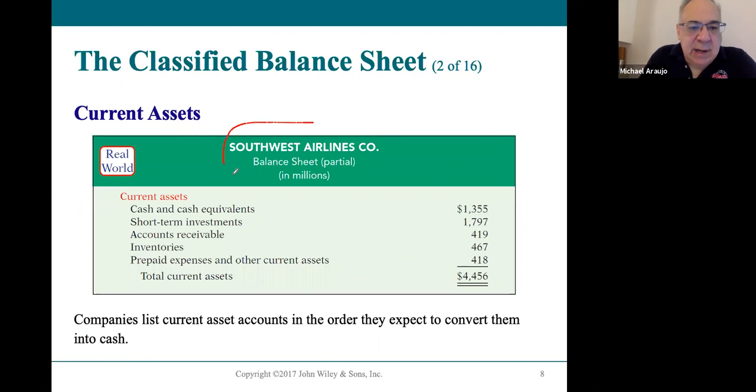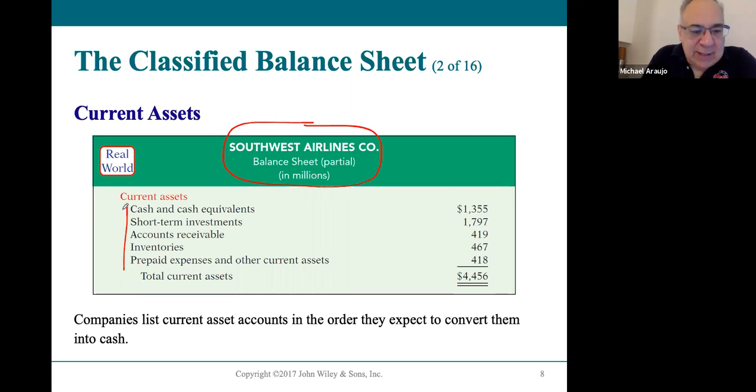This is just a small portion of the Southwest Airlines balance sheet showing its current assets. Now here they have short-term investments listed instead of debt investments, but they mean basically the same thing. Short-term investments, again, you can cash out of the market at the end of every day. No problem.